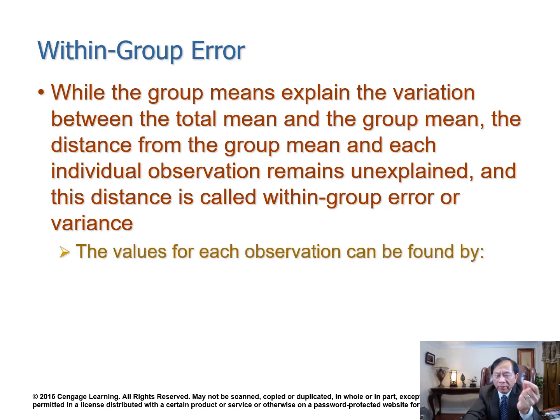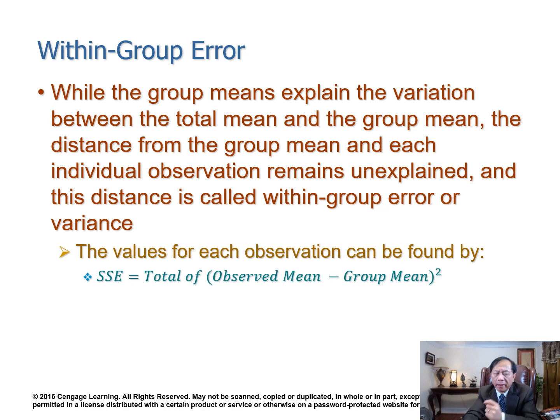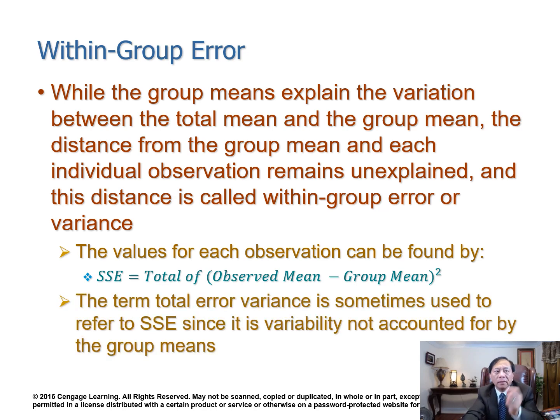The value can be found by SSE, the sum of squares error, which is the total of each observed value minus its group mean, squared and summed up. The term sum of squares total error is sometimes used to refer to SSE, since this variability is not accounted for by the group means. So basically we look at the error or variance within groups and between groups.